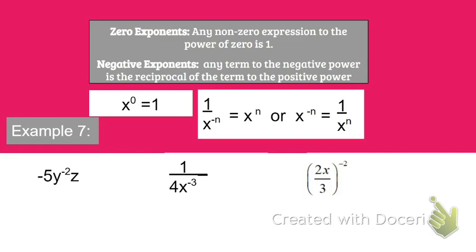Next up, we have our last two exponent rules. We have the 0 exponent rule, which says that anything other than 0 raised to the 0 power equals 1. The reasoning behind that is looking at patterns. I've just come up with the list of powers of 2 from positive 2 to negative 2.